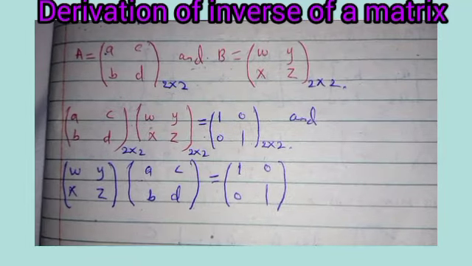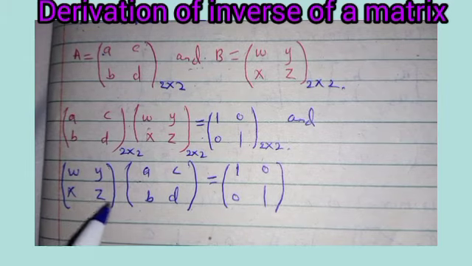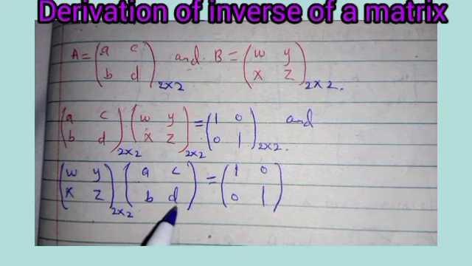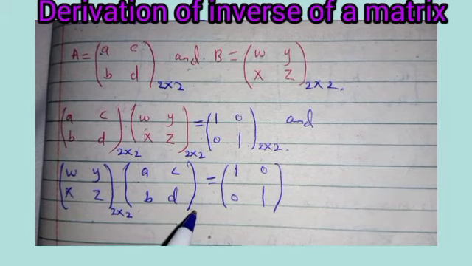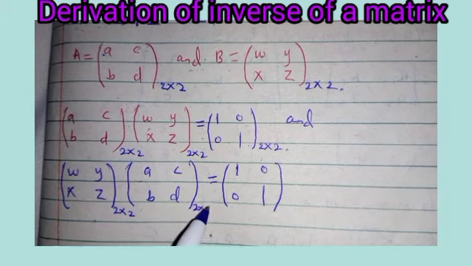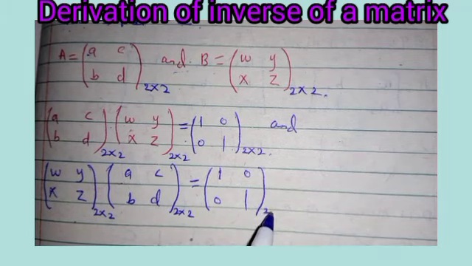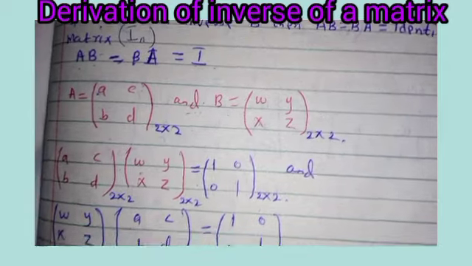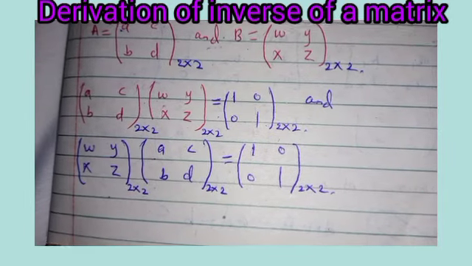Alternatively, of course, you can start with the inverse of A, which is a 2 by 2 matrix, multiplied by the matrix A, which is 2 by 2, to give you an identity matrix, which is also 2 by 2. So, in this video tutorial, the focus will be to prove that.